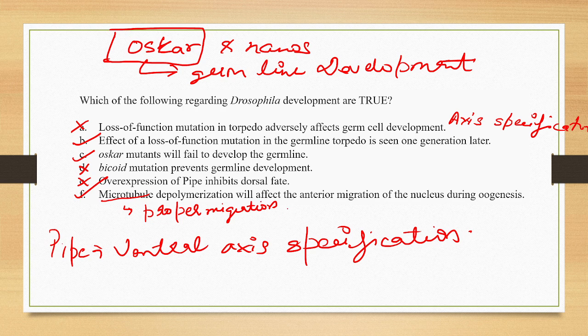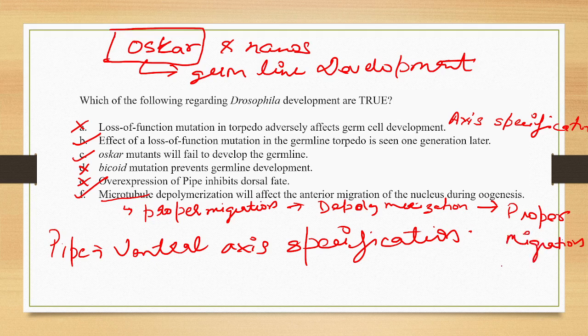If there is depolymerization, then proper migration is prevented, and it will ultimately affect the anterior to posterior axis formation.